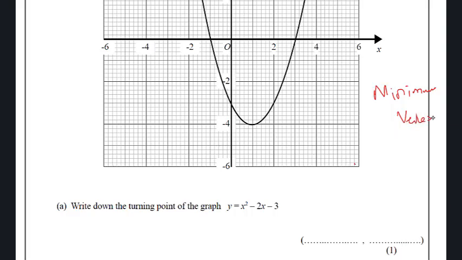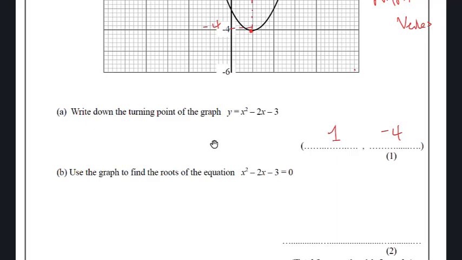And as you can see, the vertex is right here, and if we trace upwards, you can see that the x value here is 1, and the y value is negative 4. So the coordinates of the vertex will be positive 1 and negative 4.